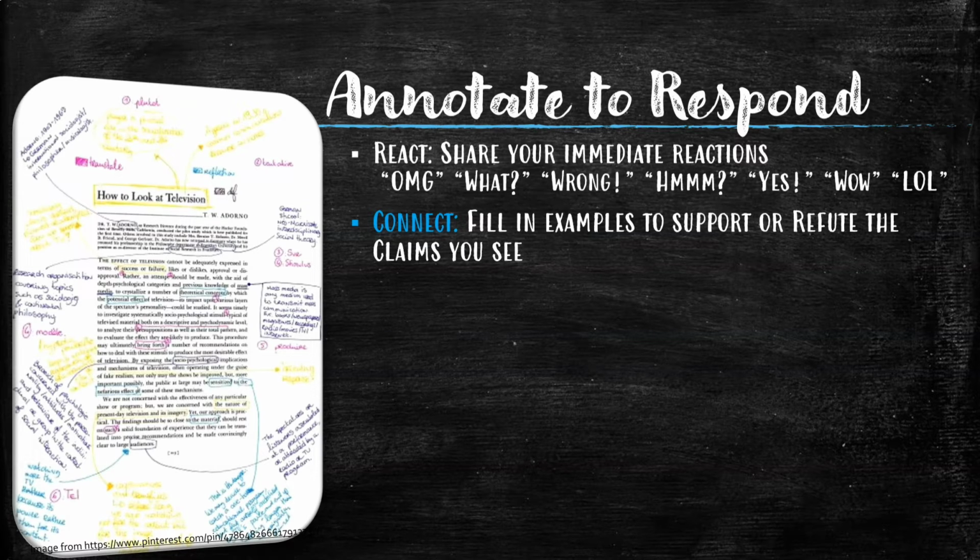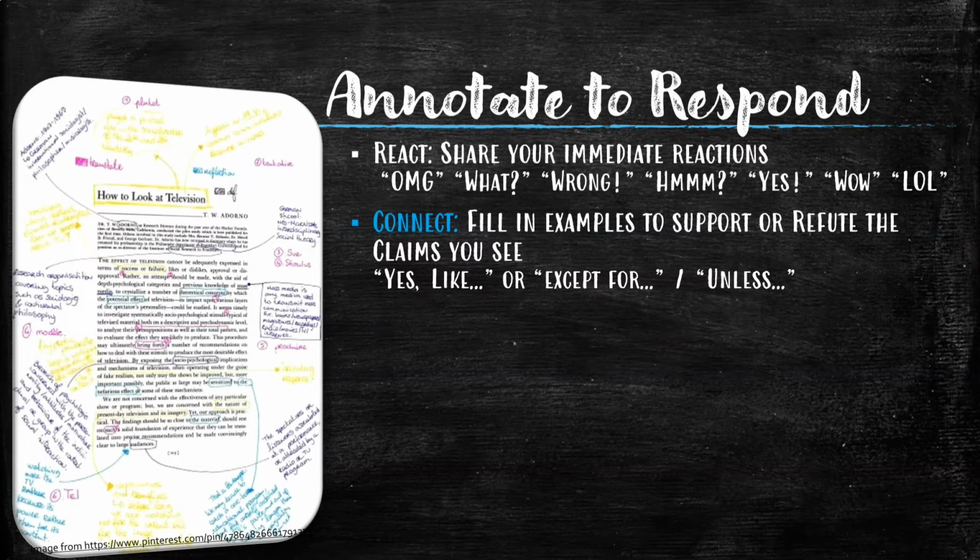We might also want to connect with the text. So we can fill in examples that support or refute the claims that you see inside the source. So for example, if you want to support or build onto something you read, you might write an annotation that begins saying, yes, like, and then you fill in your example. Or you might want to connect by refuting or contradicting something that you saw in the text.